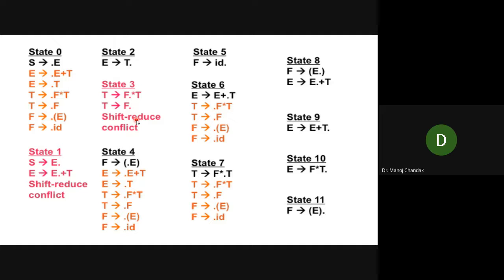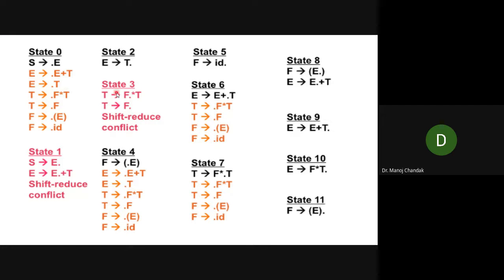What is this question like? You will be given the production rules and they will ask you what is the probability or what is the chance of having a reduce conflict or shift reduce conflict. So shift reduce conflict you can directly determine from the given production rules of the grammar.